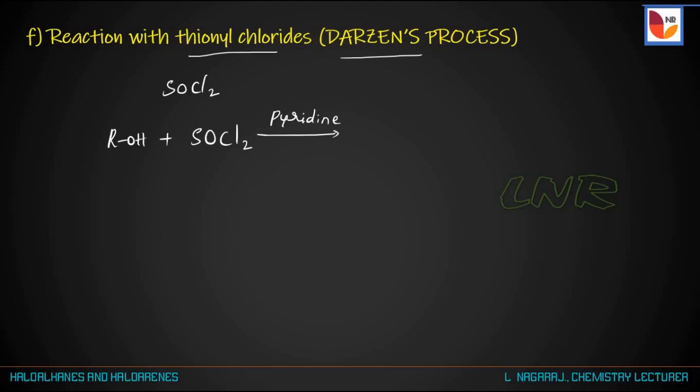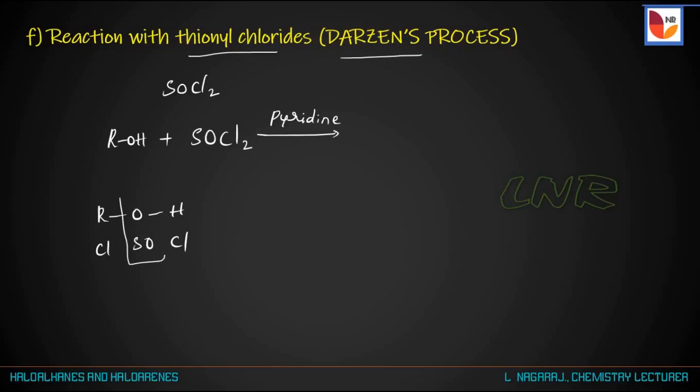the simple method to remember the byproducts obtained when alcohols react with thionyl chloride, that is ROH, and SOCl2 is to be written as Cl, Cl and SO.